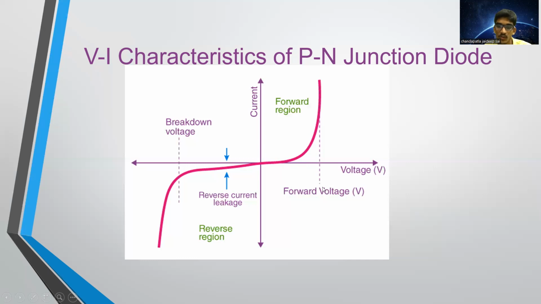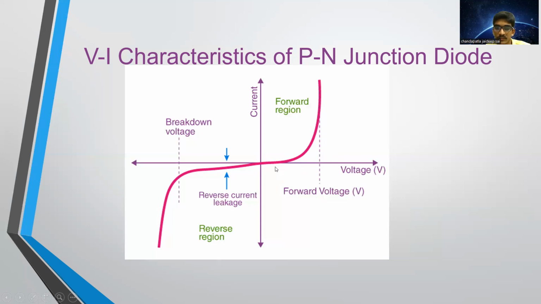So when the forward voltage is applied, the graph at the starting point is zero, and suddenly at this point it raises. So this point is called the threshold voltage because at this voltage the current has increased.